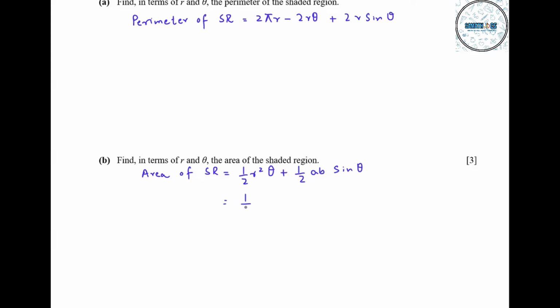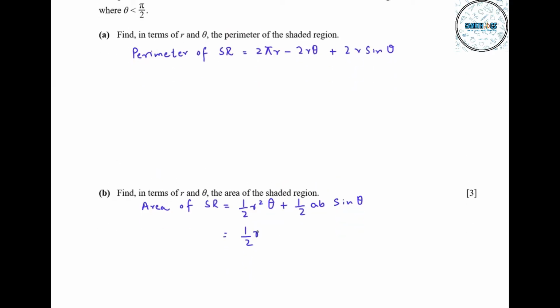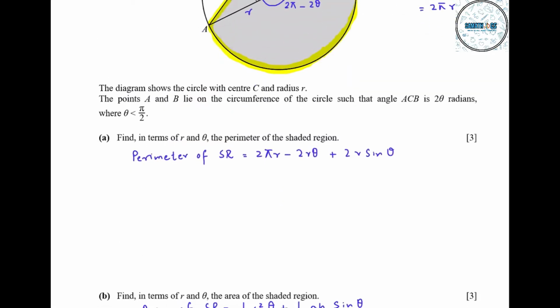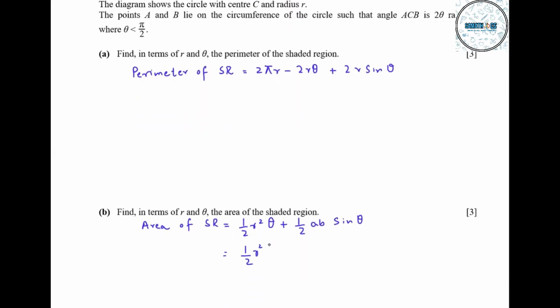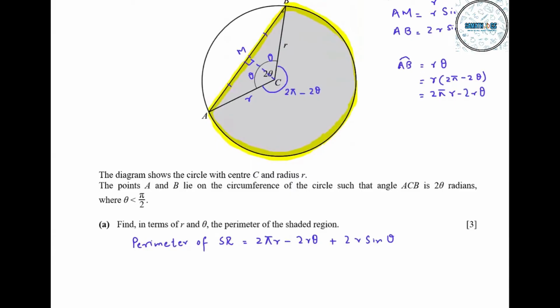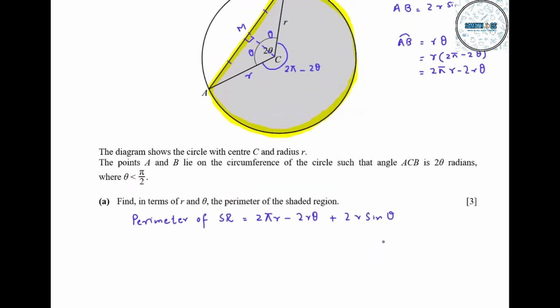So when we consider 1 upon 2 r square theta, radius is r and theta is 2 pi minus 2 theta. Then AB sine theta, AB is here, this is r and this is also r. So r square sine angle is 2 theta here.